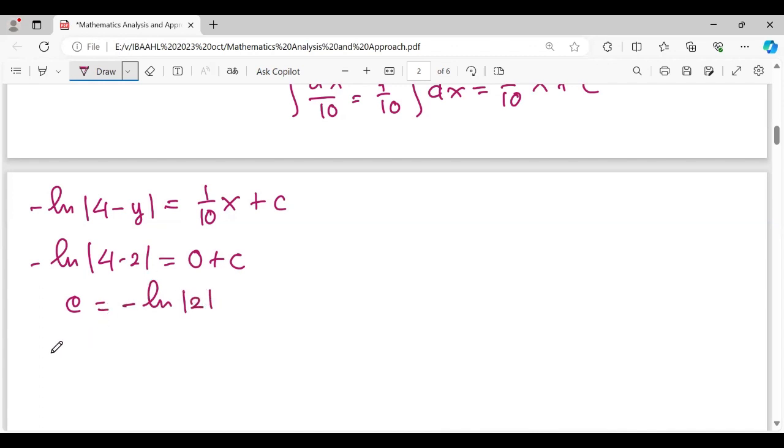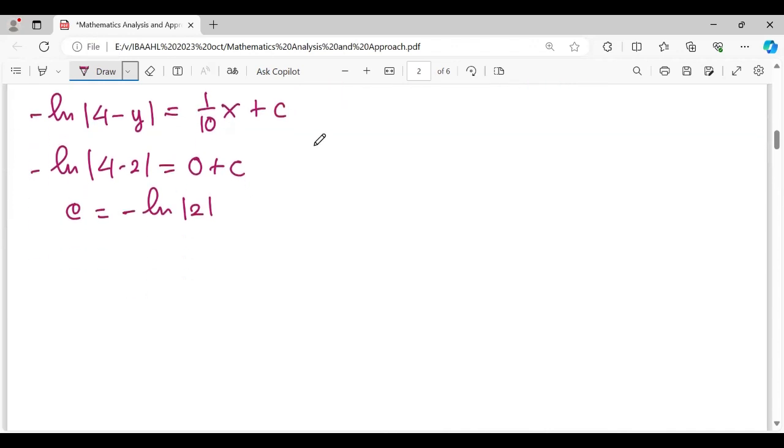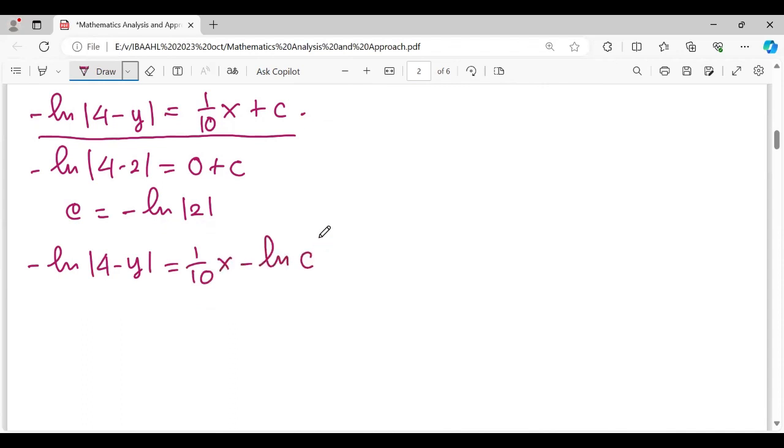So the differential equation can be written as minus ln(4 minus y) equals 1 over 10 x minus ln 2.